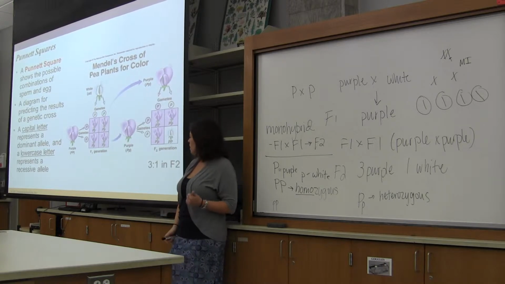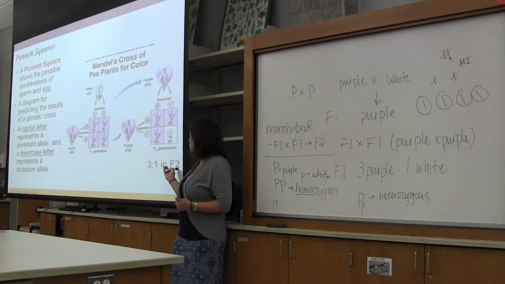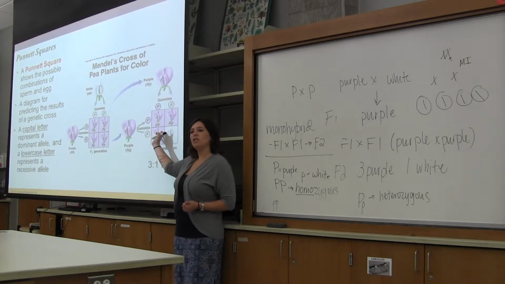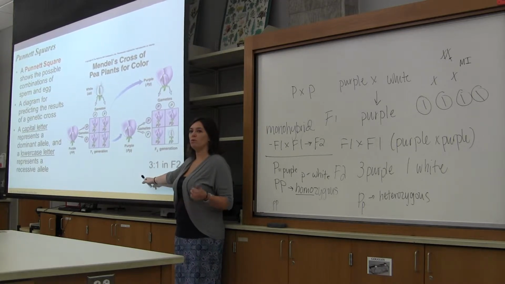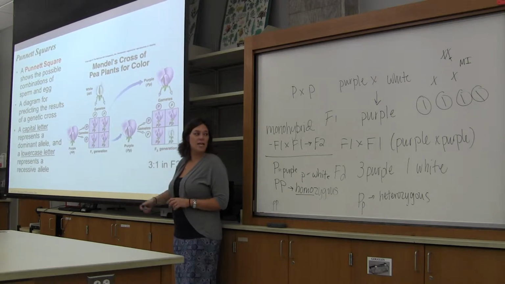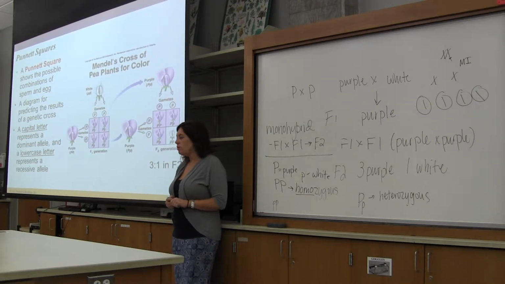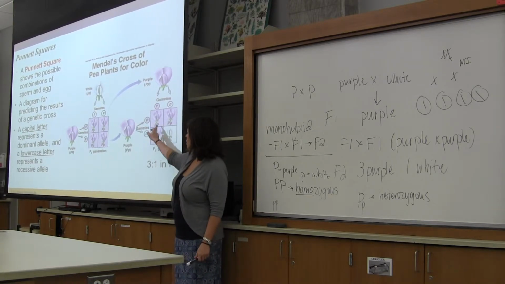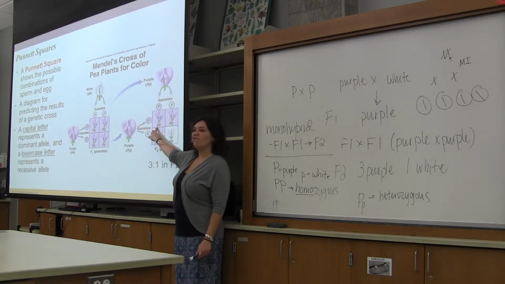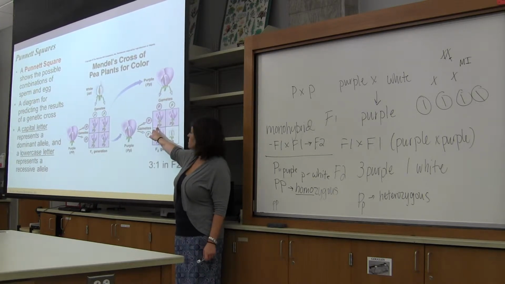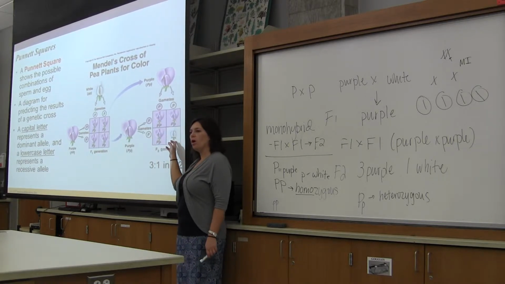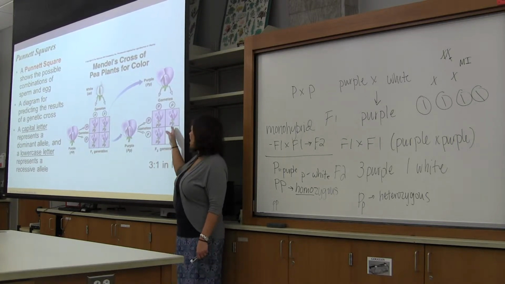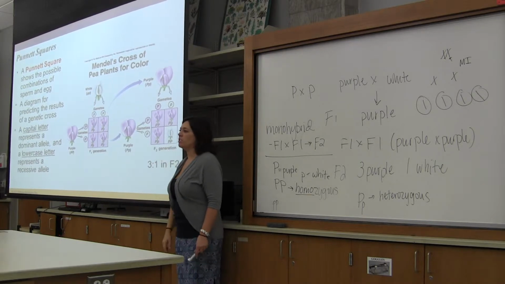And so we can compare. Mendel started off looking at the phenotypic ratio, and the phenotypic ratio observed is 3-to-1, 3 purples and 1 white. Now the genotypic ratio, you end up with 25% homozygous dominant, 25% homozygous recessive, and 50% heterozygous.